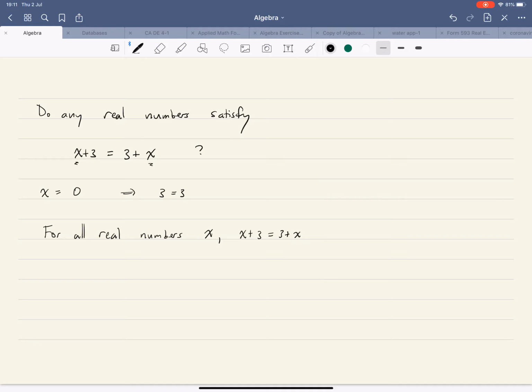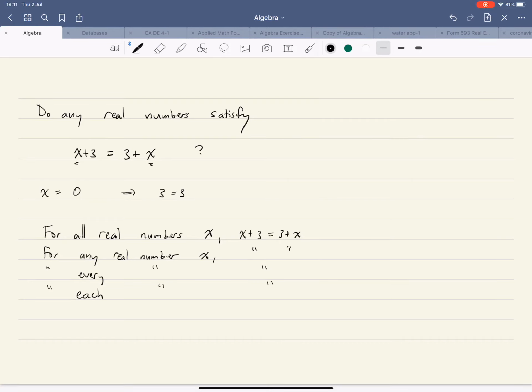Or we could have said for any real number x, this is true. Or for every real number x, this is true. Could have said for each real number x, x plus 3 equals 3 plus x.